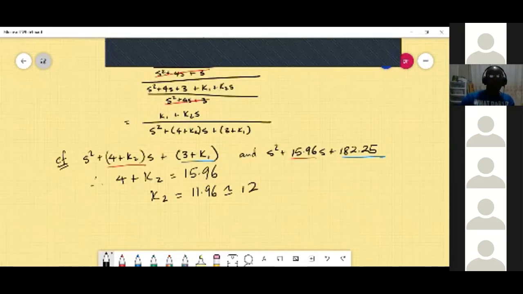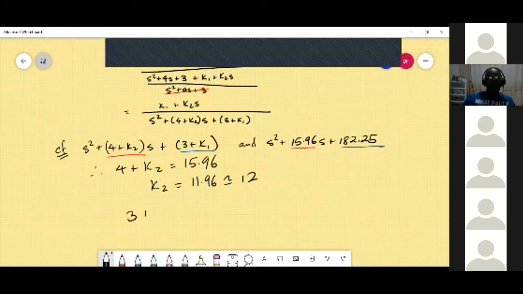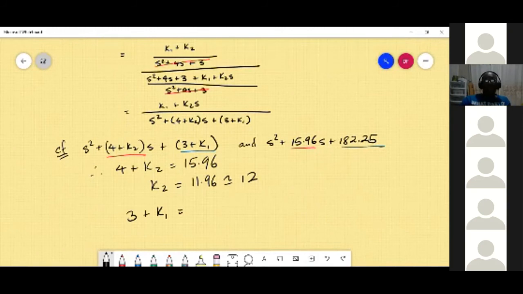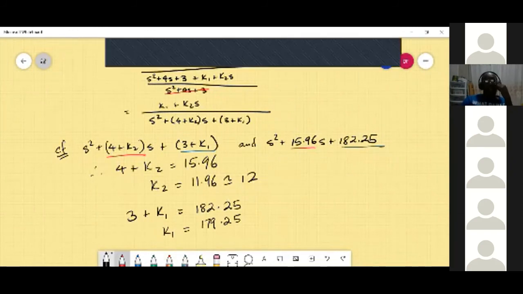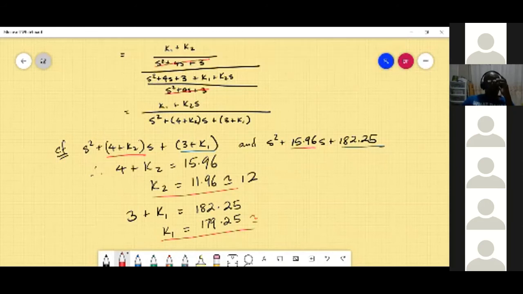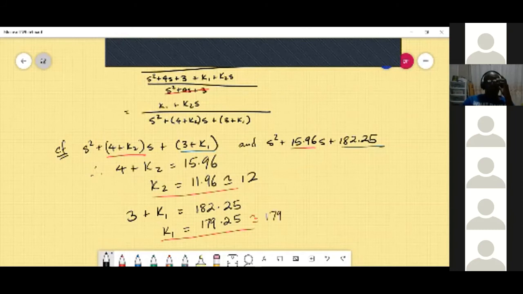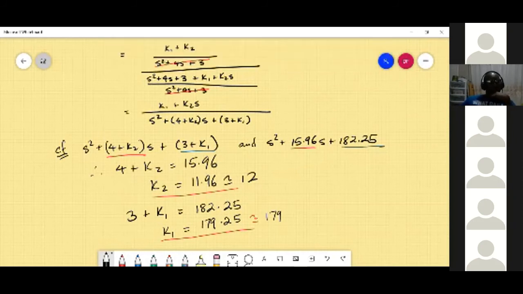And 3 plus K1 is equal to 182.25, so K1 is 179.25. So these will be my two gains.